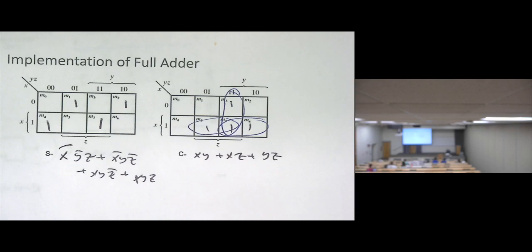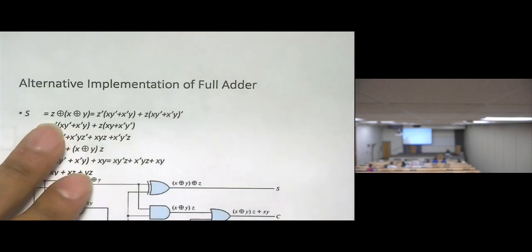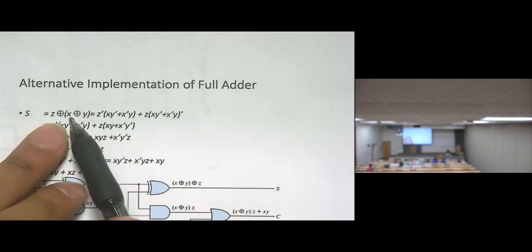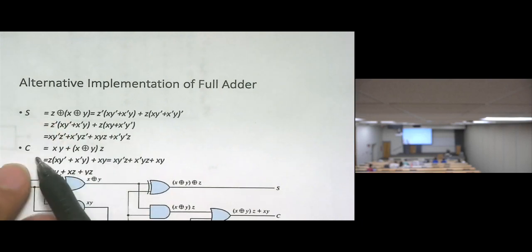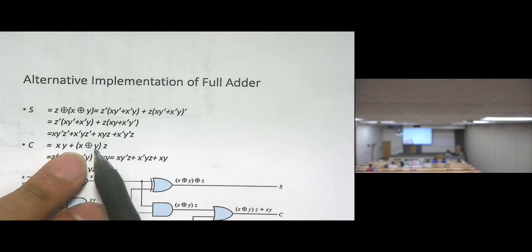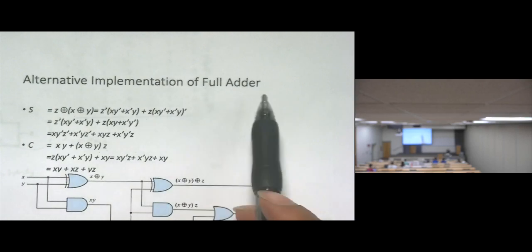There is another representation of the full adder using exclusive OR. The sum will be the exclusive OR of Z with the exclusive OR of X and Y. And the carry bit will be XY plus the exclusive OR of X and Y times Z. You don't need to memorize those. There is another implementation.